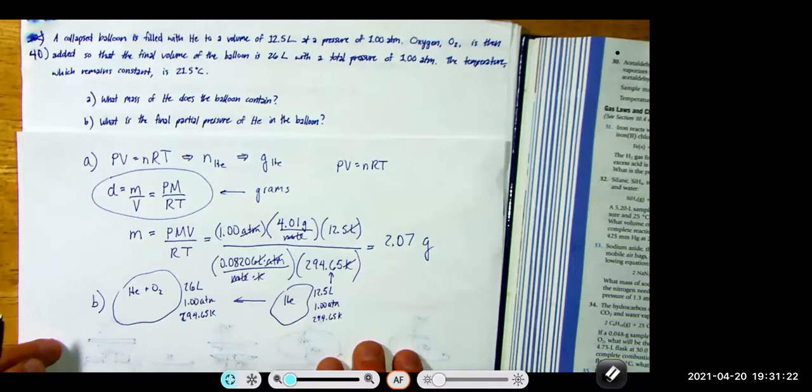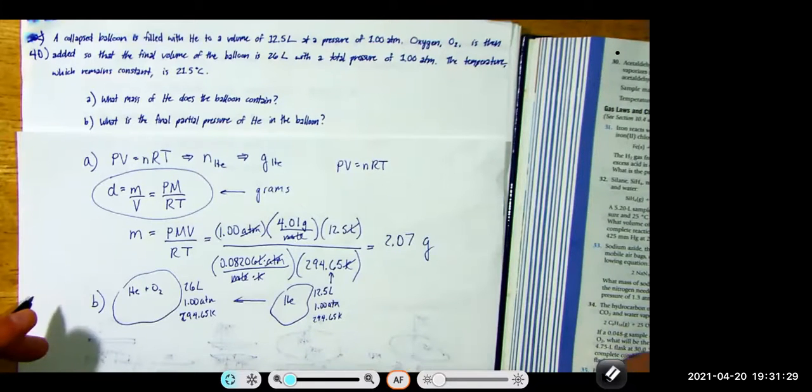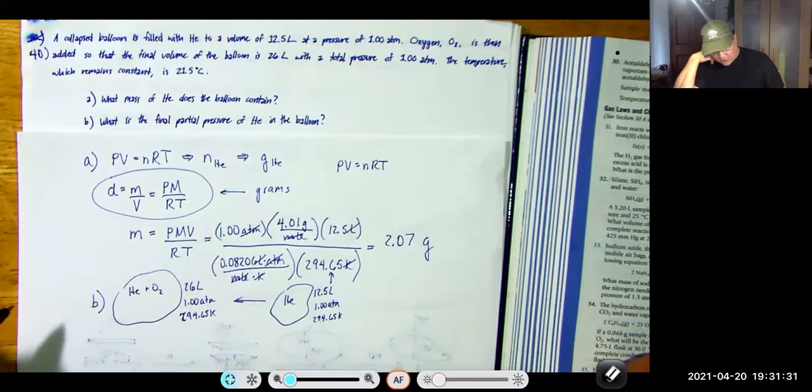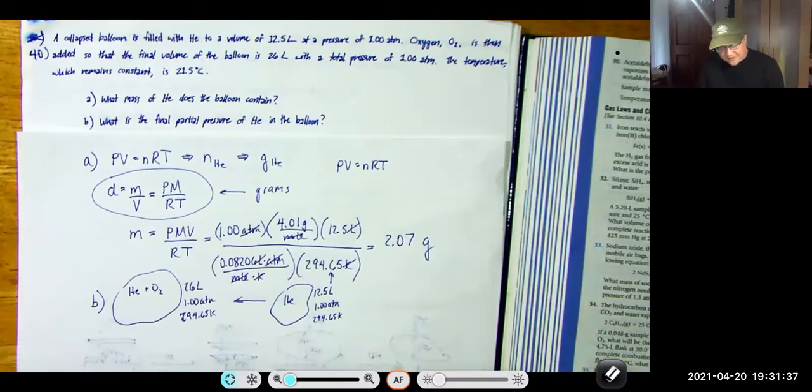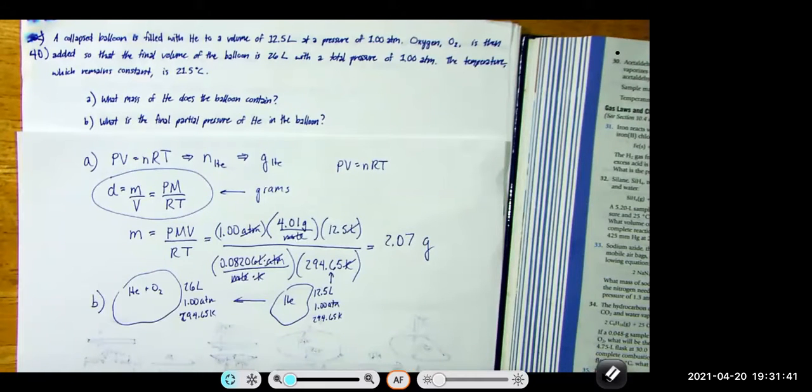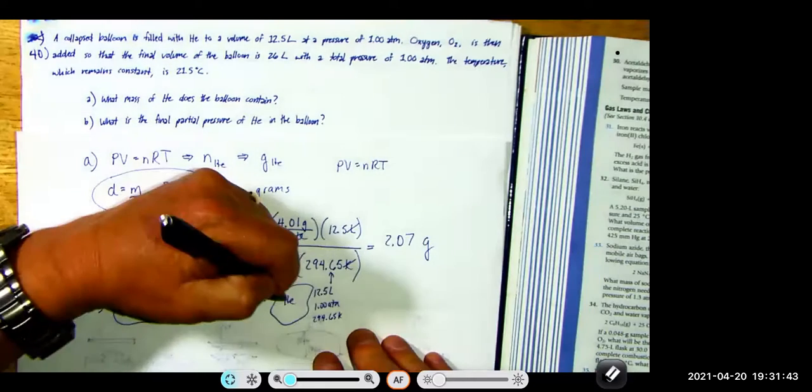Right. So to come up with the helium, we could do the total minus the oxygen. Yes, we can do the total minus oxygen, or we could just think about it a little bit. I thought that's what I was doing.